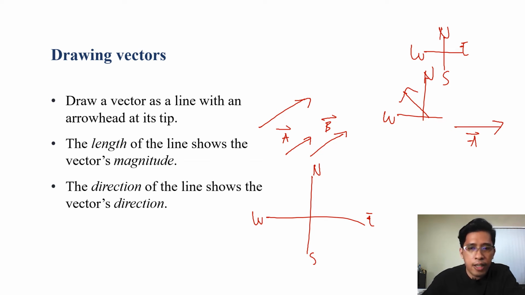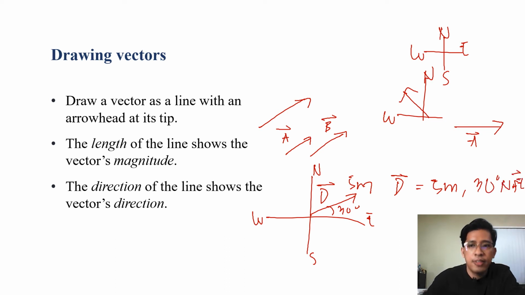If I have this vector here, and this is at 30 degrees, and this is at 5 meters, and let's say this is your vector D. So that means here, your vector D is 5 meters, 30 degrees north of east. So you have your vector D is 5 meters, 30 degrees north of east.